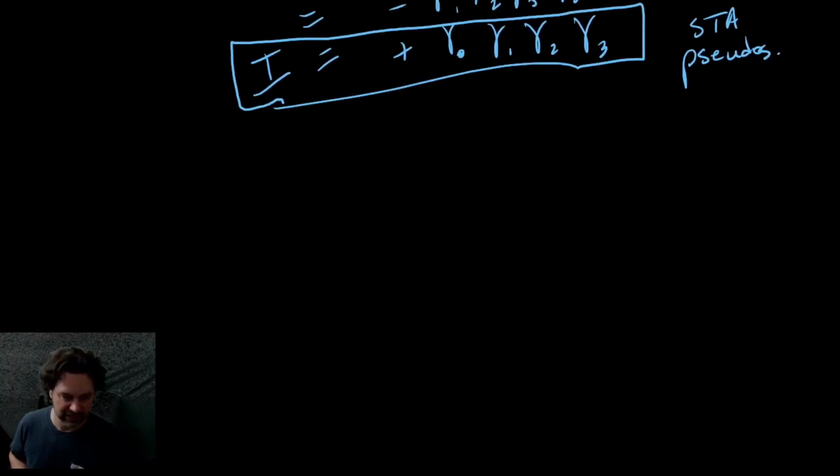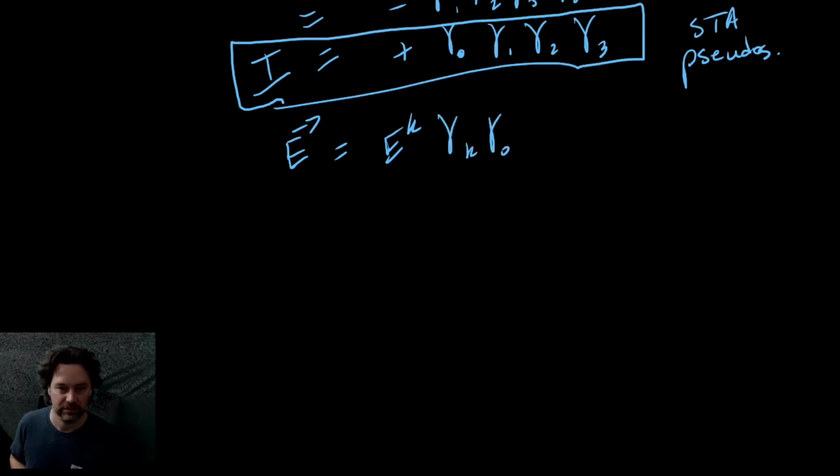So we know what I is. Let's look at E. So E is E^K gamma^K gamma^0, where the sum is over all of the K's, so K equals 1, 2, 3. So that is a bivector. What is our magnetic field contribution?